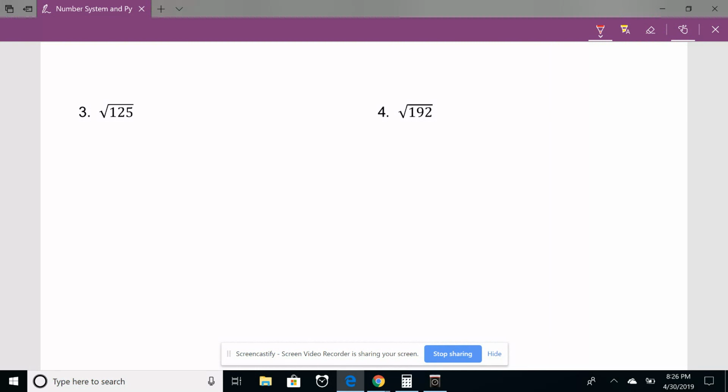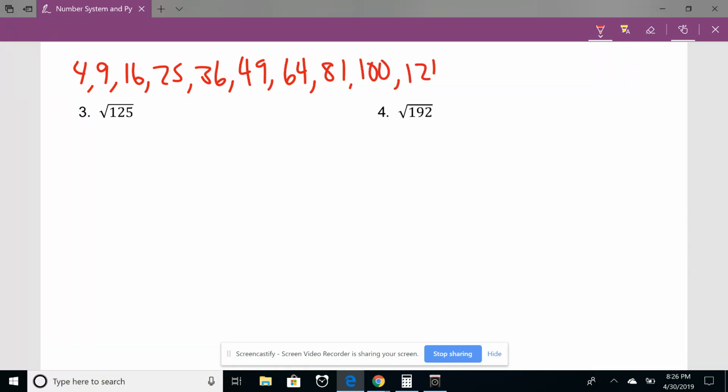All right, I'm going to write my perfect squares up here: 4, 9, 16, 25, 36, 49, 64, 81, 100, 121, 144, 169, 196, 225.